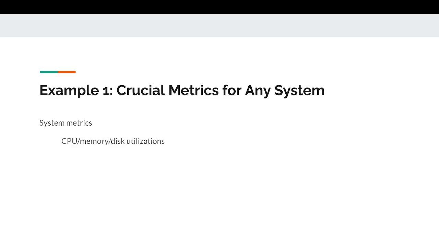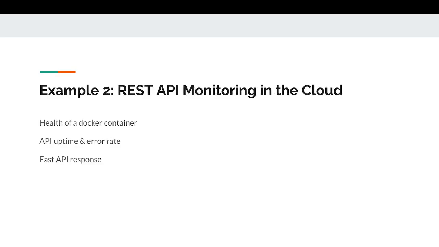The most important and crucial metrics for any system are system metrics. For example, CPU, memory, or disk utilization. It doesn't matter what system you are running, these are universal metrics. Then comes, let's say, a REST API, a very typical application.